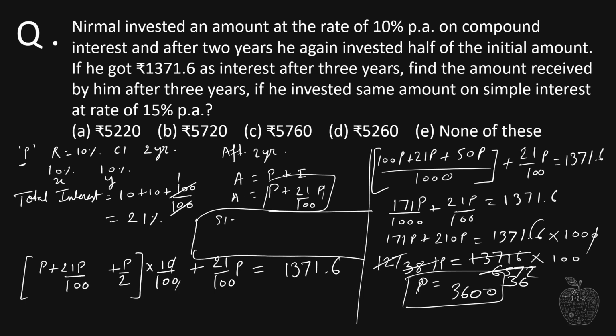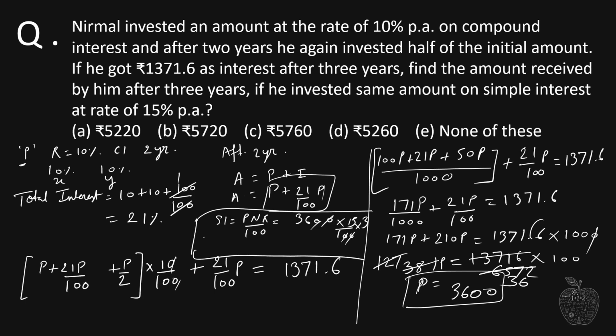The formula for simple interest is PNR over 100. So P is 3600 at a rate of 15%, 15 over 100, for the same period of time. Yes, the same period of time; the question does not mention anything specifically.